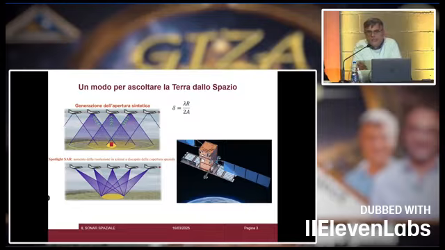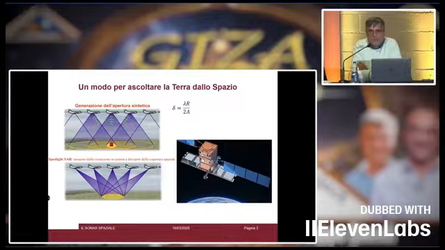Low orbit is that orbit which occupies circles in space that have a distance from the Earth's surface ranging from 400 to 700 kilometers, so they are primarily close to us.